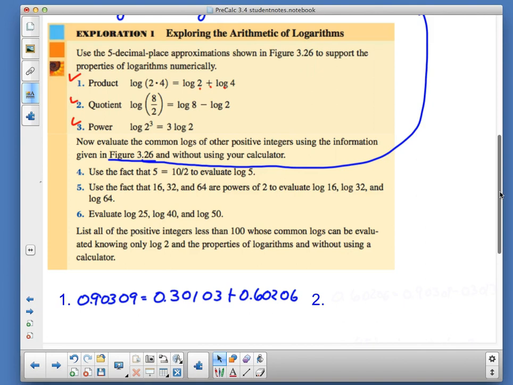Now, if we look at the quotient, we've got 8 divided by 2. We all know it's the log of 4 we're looking at, and we're talking about not natural logs, but common logs. I'm looking at the log of 8, which is 2 to the third, and I'm going to subtract off the log of 2. Well, if I take one of them away, I've got 2 left, and ideally that should be 4, so it should be 0.60206 when I'm done.